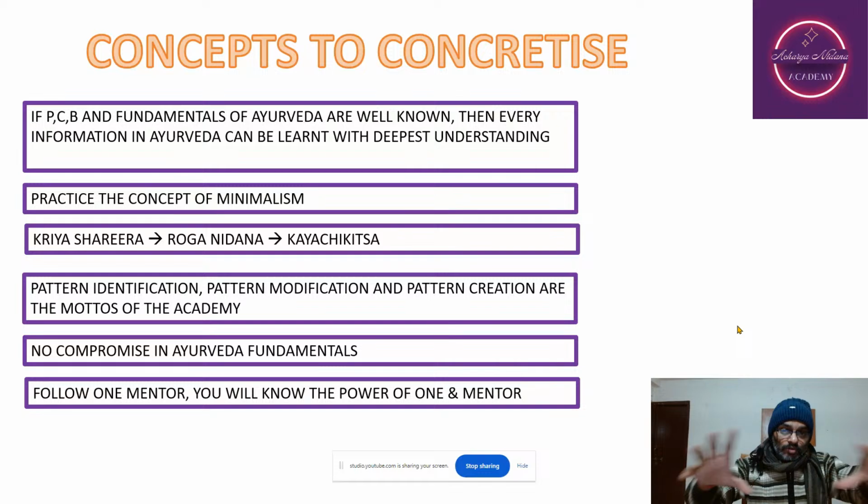So from multiple angles, we look into one particular concept itself. That will be helpful in having the deepest understanding. In the same way, when you look into the concept of Roga Marga, we have to look into it from multiple angles. That will give us the deepest understanding.